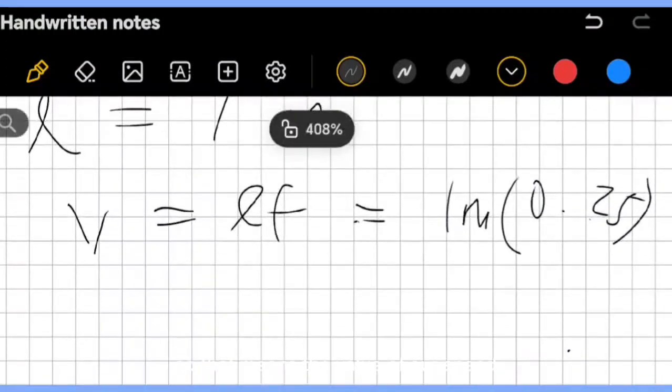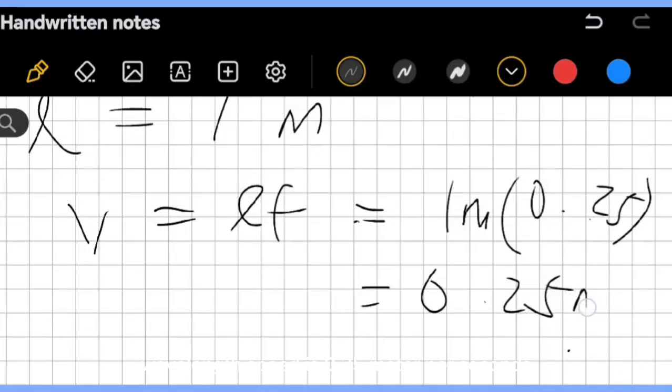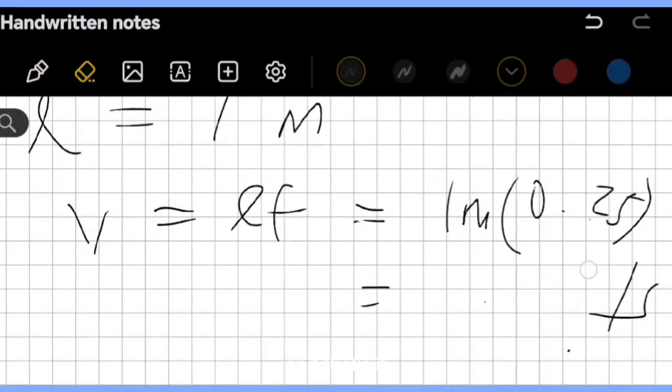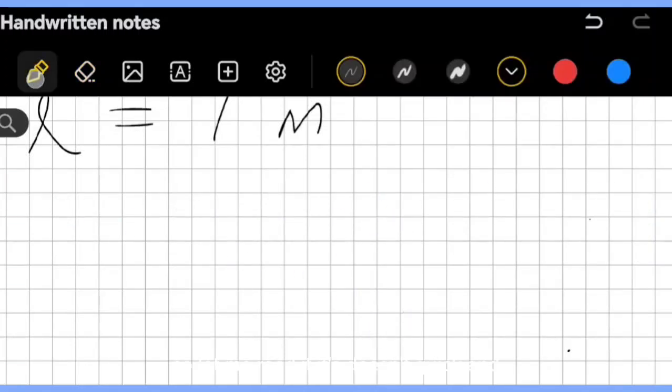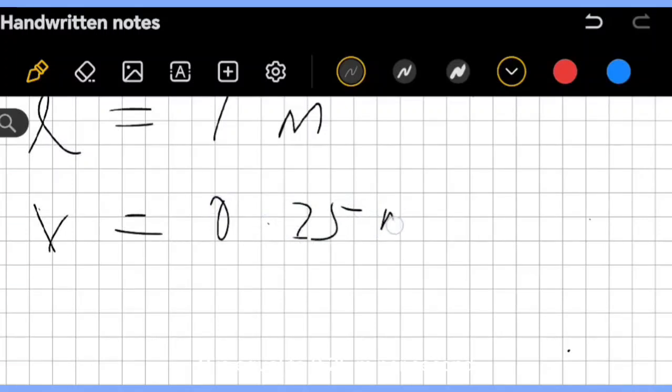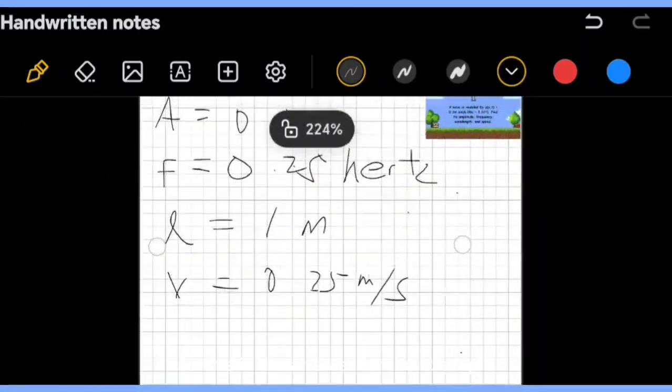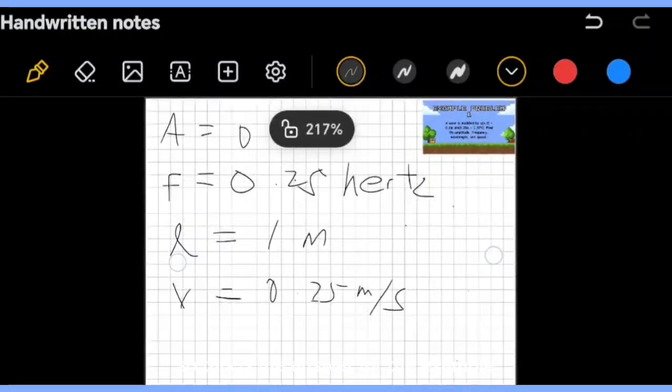So that means the value of our wave speed is 0.25 meter per second. And that's it. So v is equal to 0.25 meter per second. This is the answer for example problem number 1.